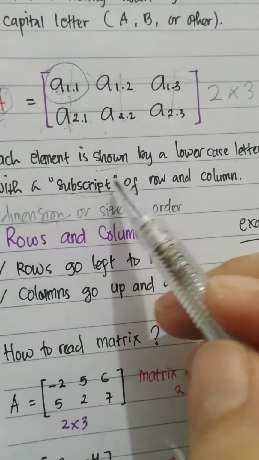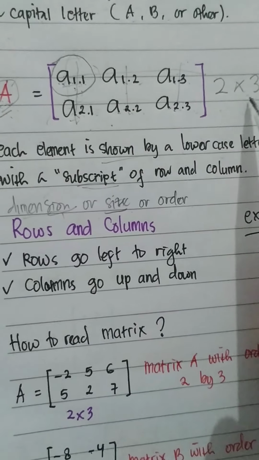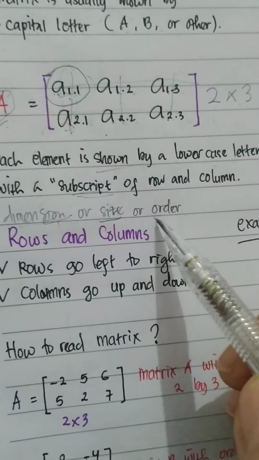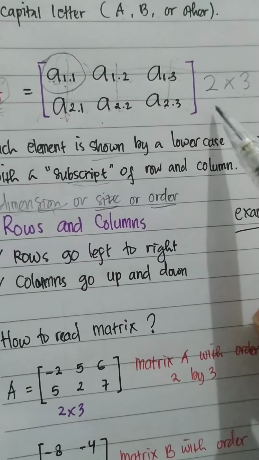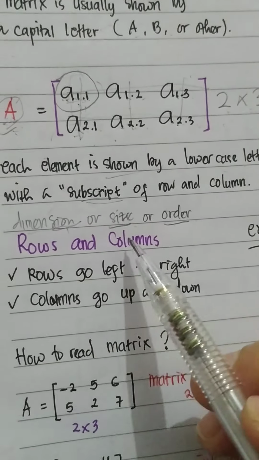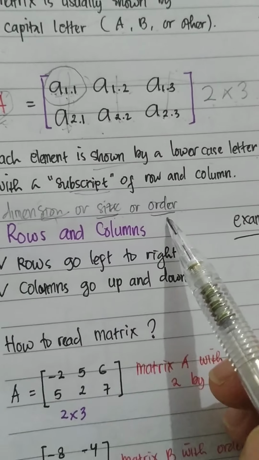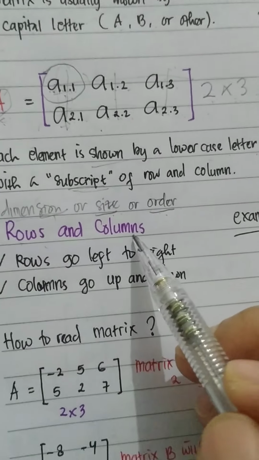Dimension is also called size. Size of matrix A is 2 by 3. Order is also the same. If they're asking what is the order of matrix A, it is 2 by 3. So dimension, size, order is the number of rows and columns.